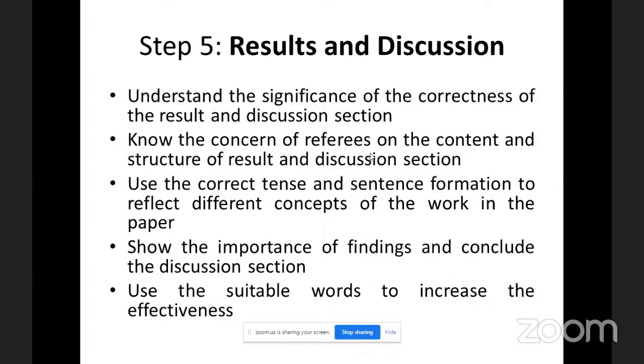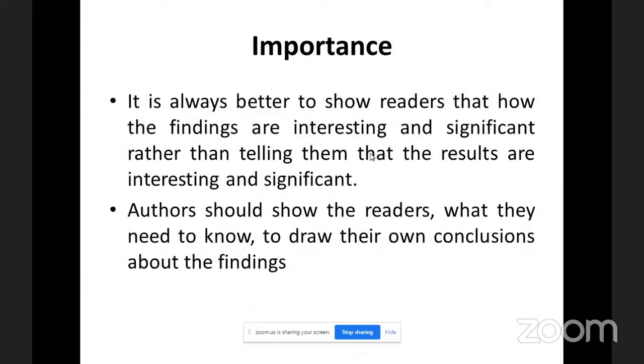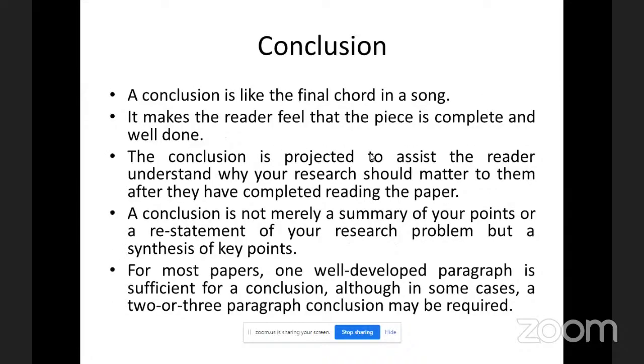That will be the critical thing. So critical analysis is there. Use suitable words to increase the effectiveness of your research. Definitely the results and discussion section is a very, very important part of any manuscript, because it shows the improvement of your research paper.